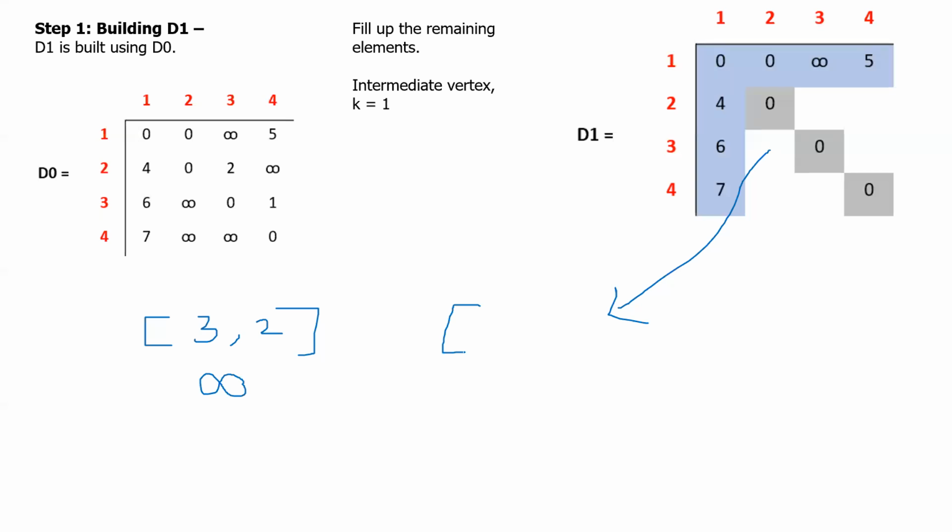The first node is the intermediate node, that is k equals 1. So what I have to do is find the paths and distances from 3 to 1 plus 1 to 2.